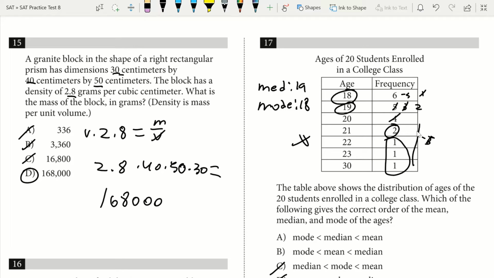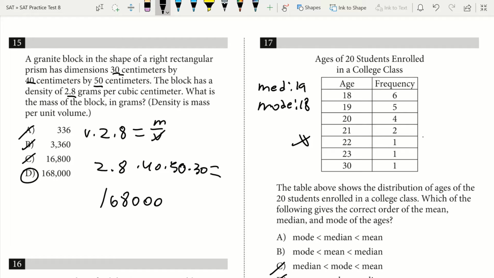Now I'm going to go ahead and solve for the mean. So to solve for the mean, I'm going to plug this into my calculator, so I'm not going to type it down because I got to plug it in. So I'm going to do age 18 times 6, because that's its frequency, plus age 19 times 5, and then plus 20 times 4, and then plus 21 times 2, plus 22 plus 23, and then plus 30.